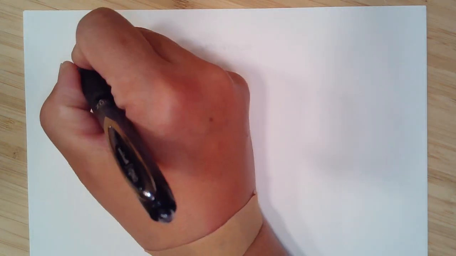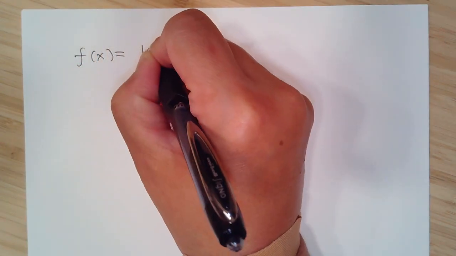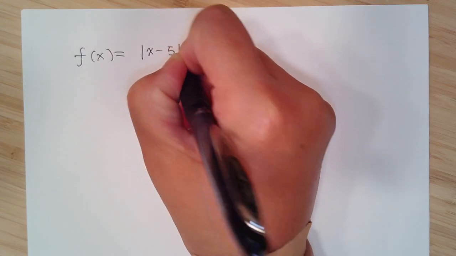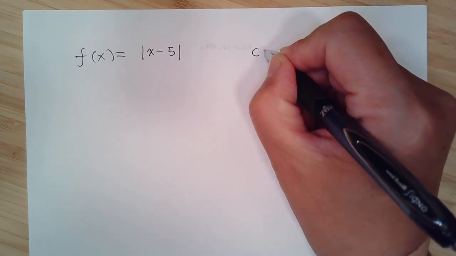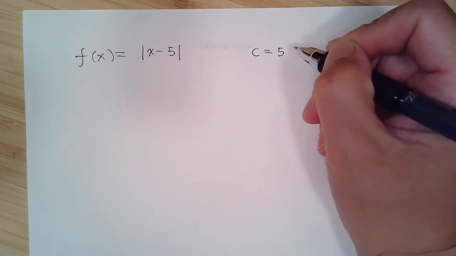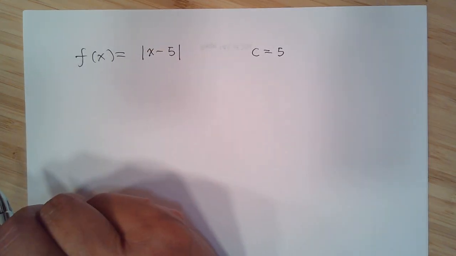For example, I give you this f of x equals absolute value of x minus 5. This is one absolute value function. And if I give you c equals 5, I ask you, can you find the slope of the tangent line there when c equals 5? If you remember, how did we do that?